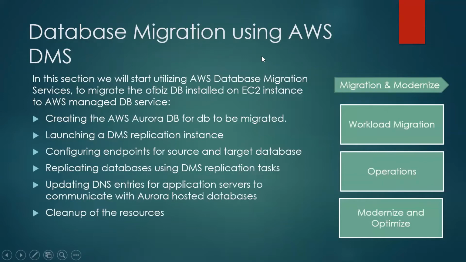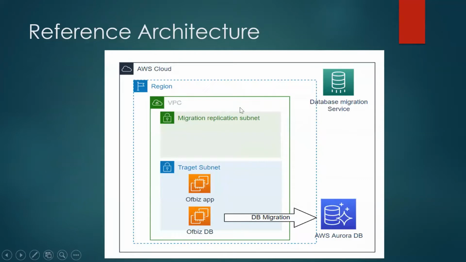Now in this video I am going to talk about database migration using AWS DMS. This is just a reference architecture. Currently, the OfBiz app is in the scope of this video, in this practical: the OfBiz app and the OfBiz database, which is a Postgres database.